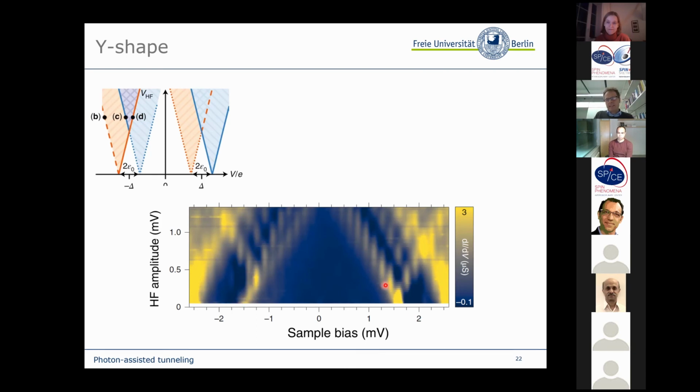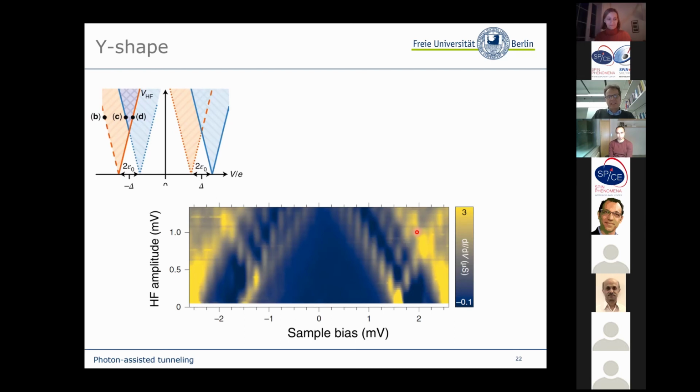At positive biases, we see just the usual V shape. So this is just these electron thresholds. But for some reason, there is no difference between the thresholds here and the thresholds here. So there's not another region here where there are more thresholds than down here.